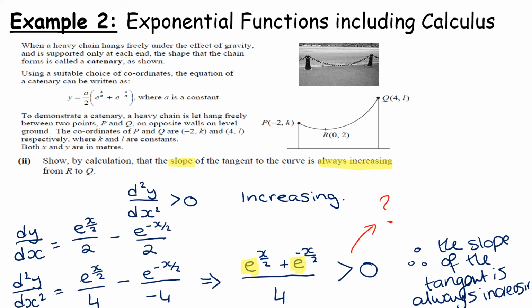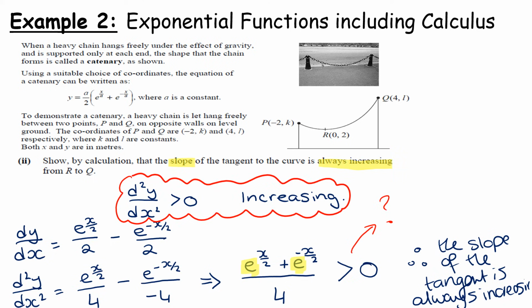So because everything here is a plus, so plus in the top line and the 4 underneath is a positive number, this will be greater than 0 no matter what value of x we put in, and therefore is always increasing. So the key really is making sure that you understand how we show that the slope of the tangent, which could be called the rate of change, is always increasing.